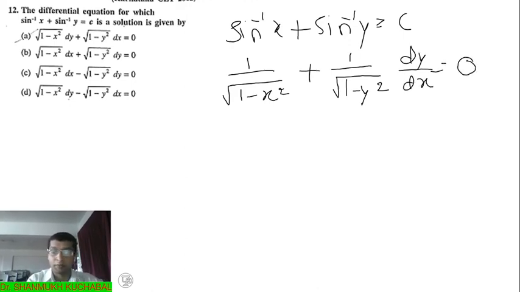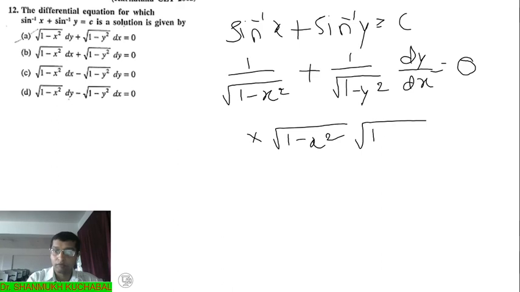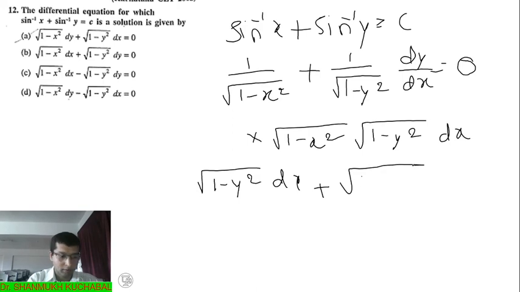C is a constant, so we get 0. So further we have to take dx and x on one side, dy and y on the other side. For that we multiply by root of 1 minus x square into root of 1 minus y square into dx. So we get root of 1 minus y square dx plus root of 1 minus x square dy equal to 0. Therefore option A is the right answer.